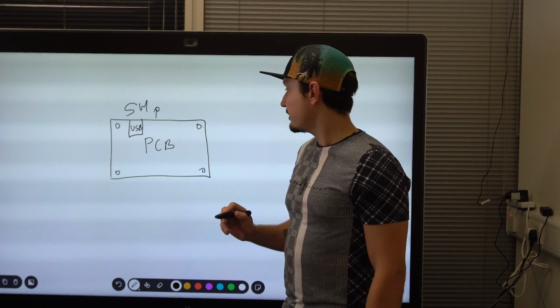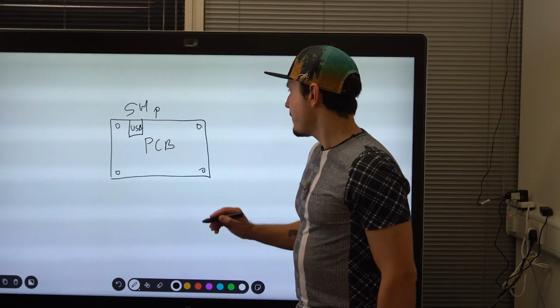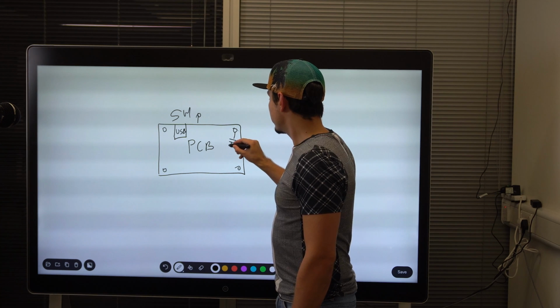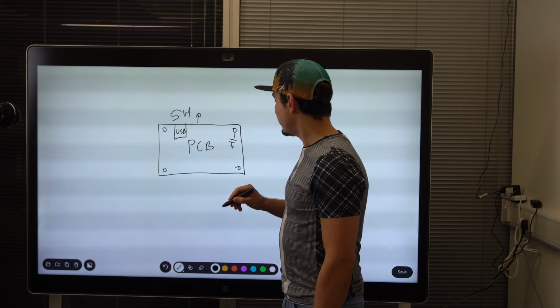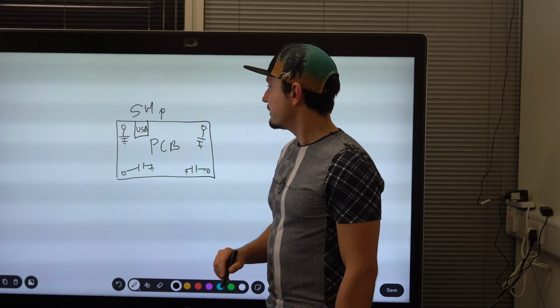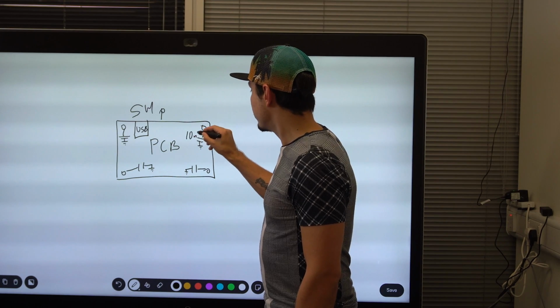Then, what happens at our other points? Do we just leave them floating? No, we do not. What we do is we provide a capacitor to ground at each point of this shield. Right? And the typical value I use is 10 nanofarad.